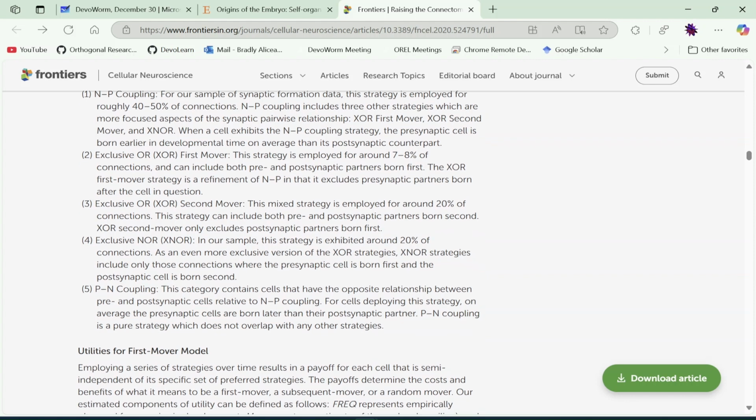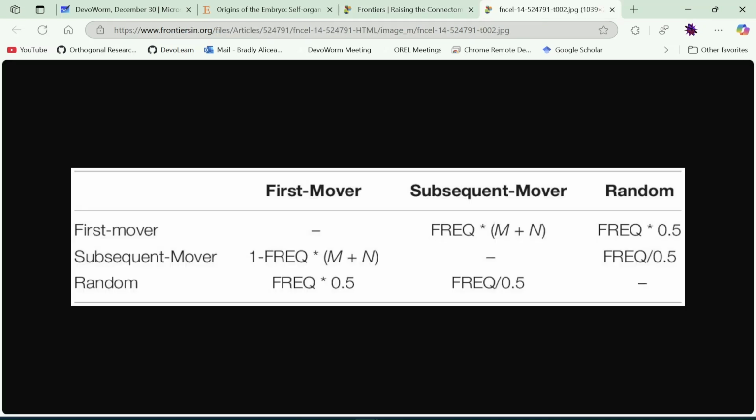This category contains cells that have the opposite relationship between pre and postsynaptic cells relative to NP coupling. For cells deploying this strategy, on average, the presynaptic cells are born later than the postsynaptic partner. PN coupling is a pure strategy which does not overlap with any other strategies. We have a payoff matrix here which shows the different payoffs that you get for these different first mover, subsequent mover, and random strategies.